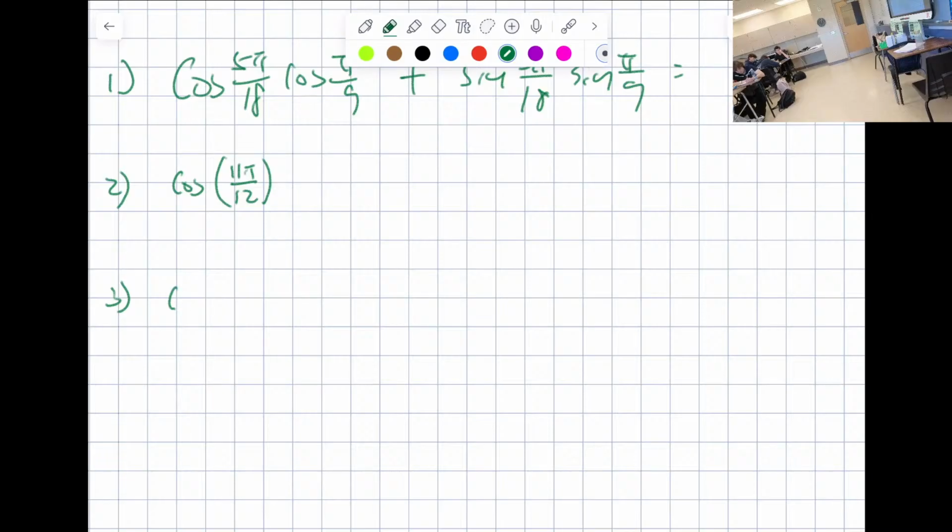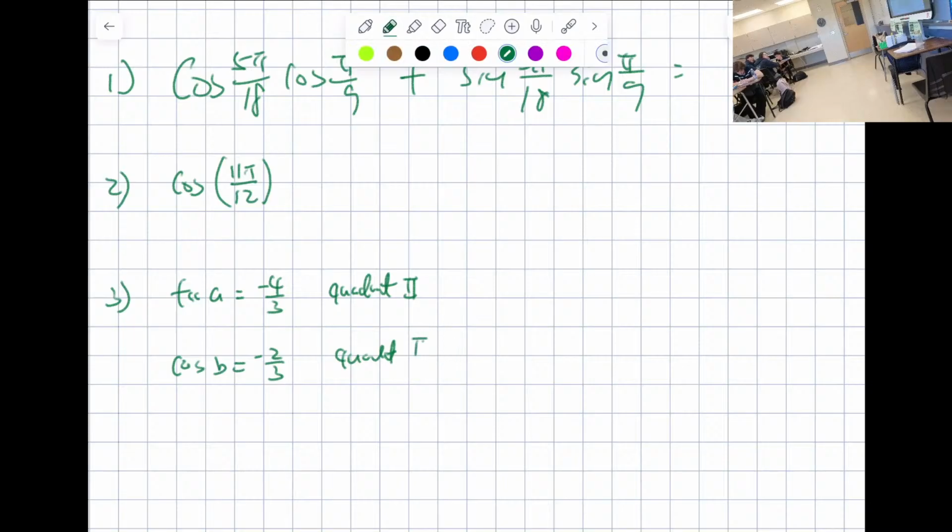I'm going to say the tangent of A is equal to negative 4/3, and it is located in quadrant 2. And we have the cosine of B equal to negative 2/3, located in quadrant 3.